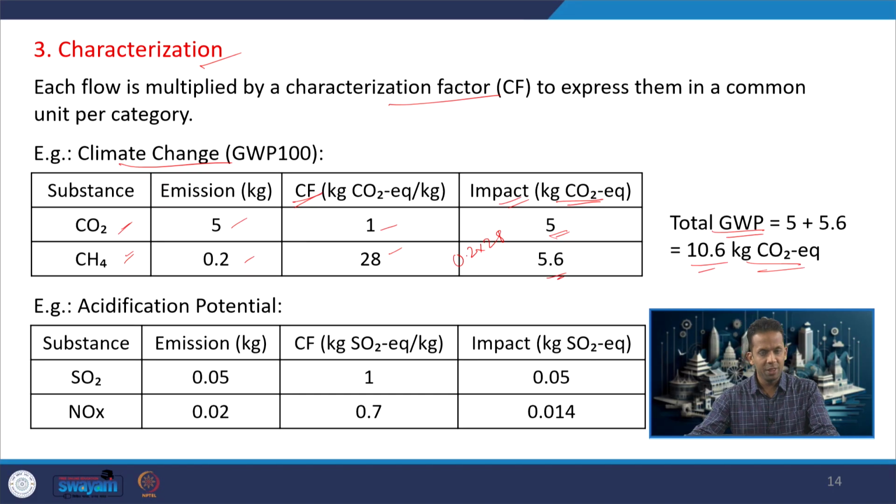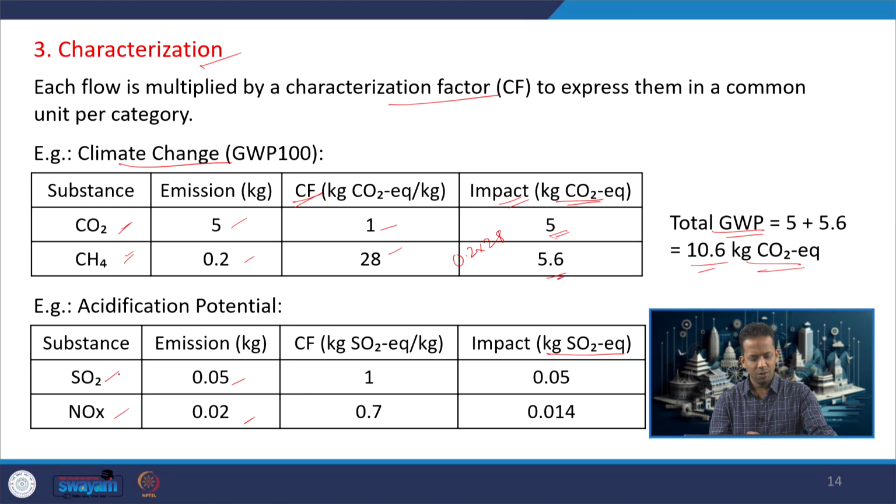Second example, let us take acidification potential. Mainly sulfuric acid and nitric acid are the two primary acids resulting in acid rain. The substances which cause them are the oxides of sulfur and nitrogen. If we have the measurements of SO2 and NOx as 0.05 and 0.02 kg, and since the acidification potential standard unit is kg SO2 equivalent, all the measurements need conversion. A third substance here may be hydrochloric acid, HCl, a chlorine based substance, which can also be converted to SO2 using a certain characterization factor.